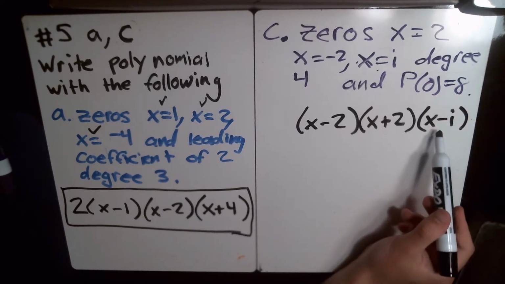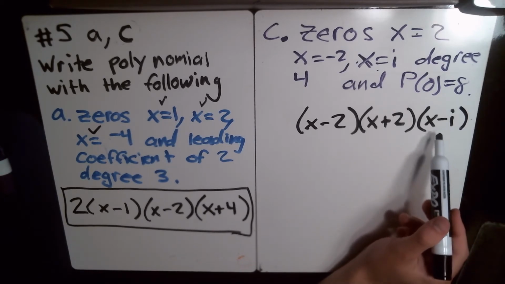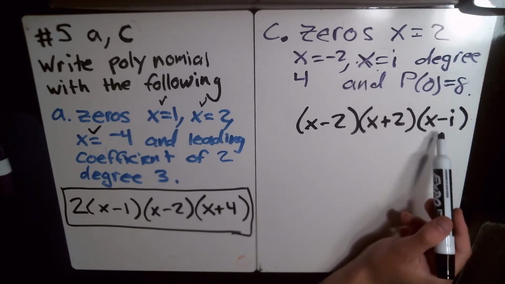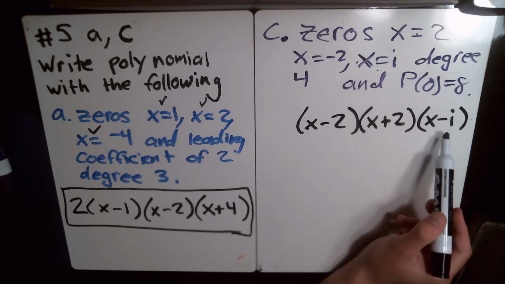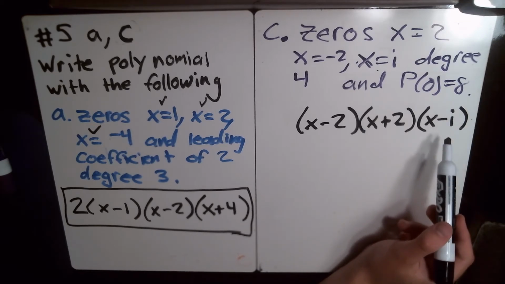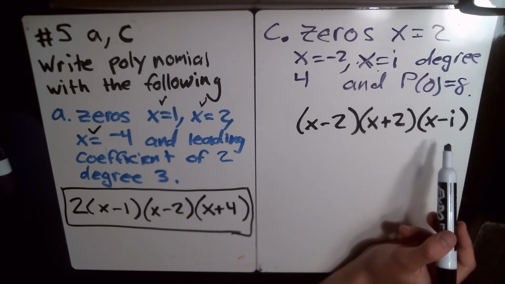Now this is something that you do need to remember when you have complex solutions for a real coefficient polynomial. The complex conjugates are also always roots. And it actually gives you on this one that negative i is a 0.